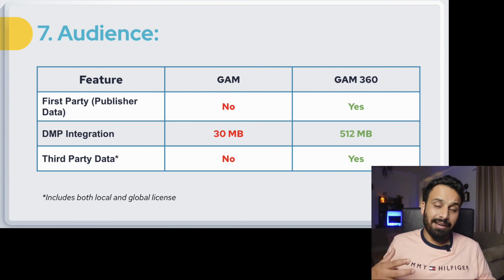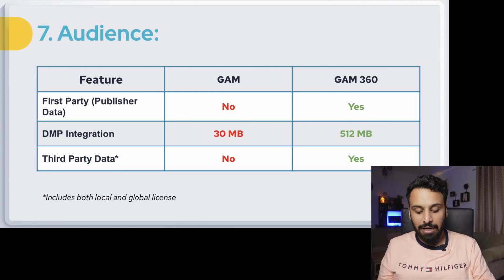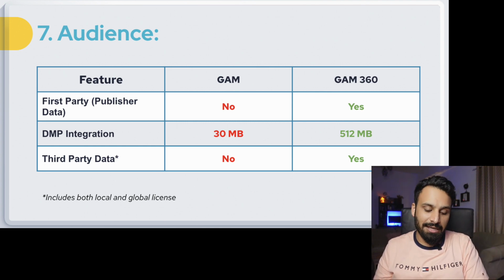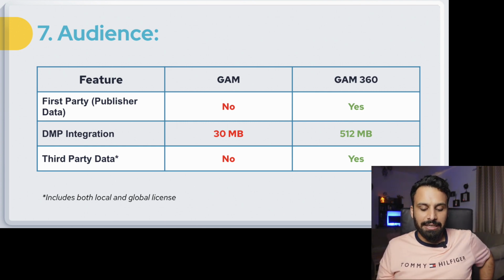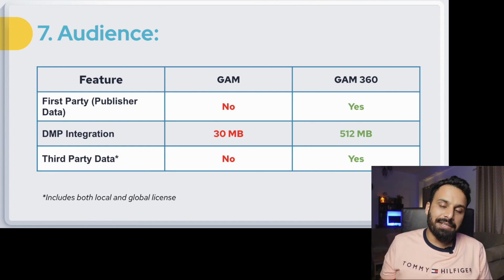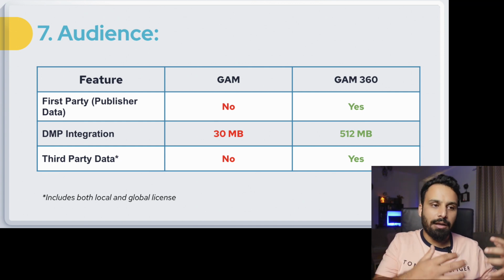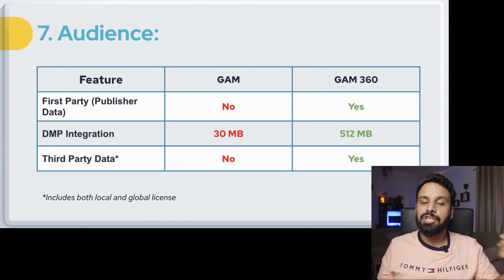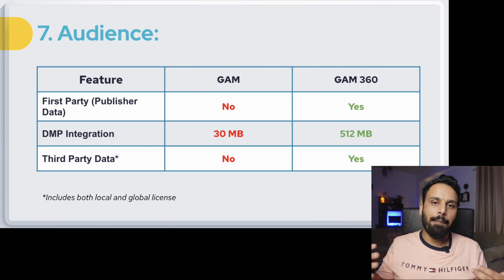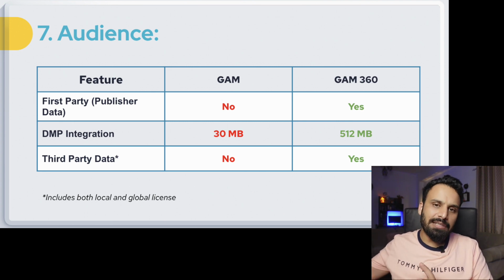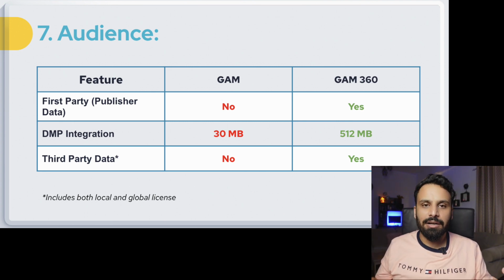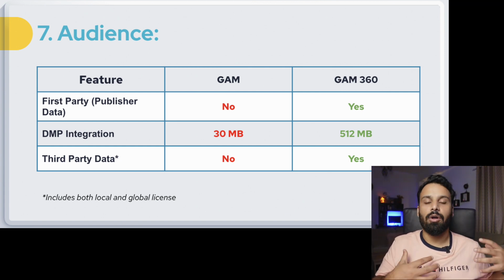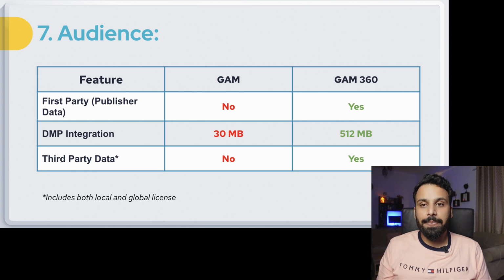Similarly, you cannot integrate a DMP like BlueKai with Google Ad Manager, but you can do that in terms of Google Ad Manager 360. And then when it comes to third-party data, for example, in Google Ad Manager 360, you can reach out to BlueKai, Lotame, any data provider, and tell them I want this kind of segment. They'll push it in your account and you can target any campaigns to this particular audience, which obviously will be advertisers' demand, or you negotiated with them that this kind of audience will be targeted for your campaign on my particular website.